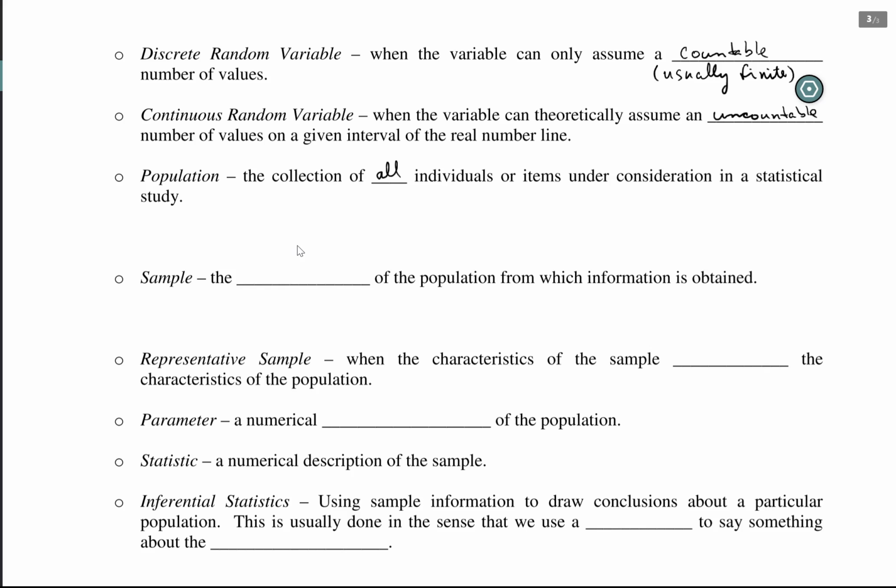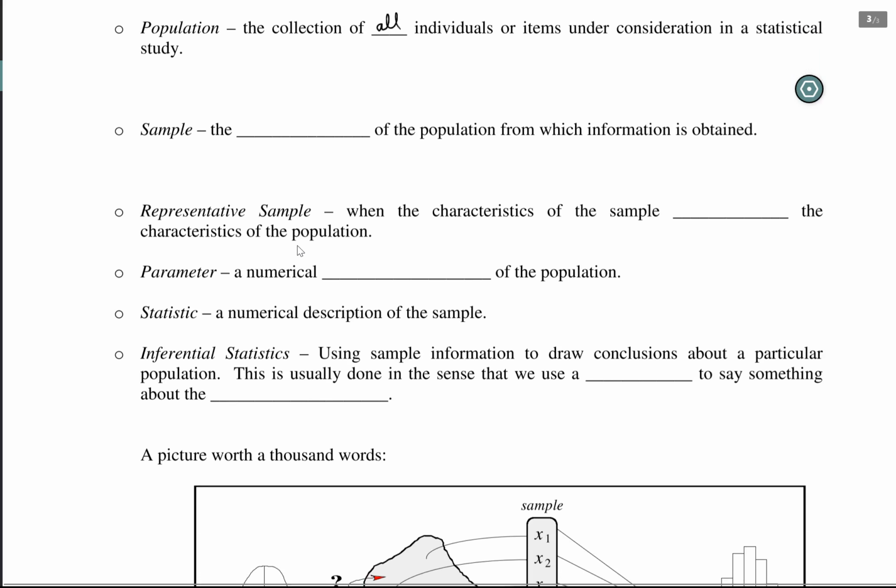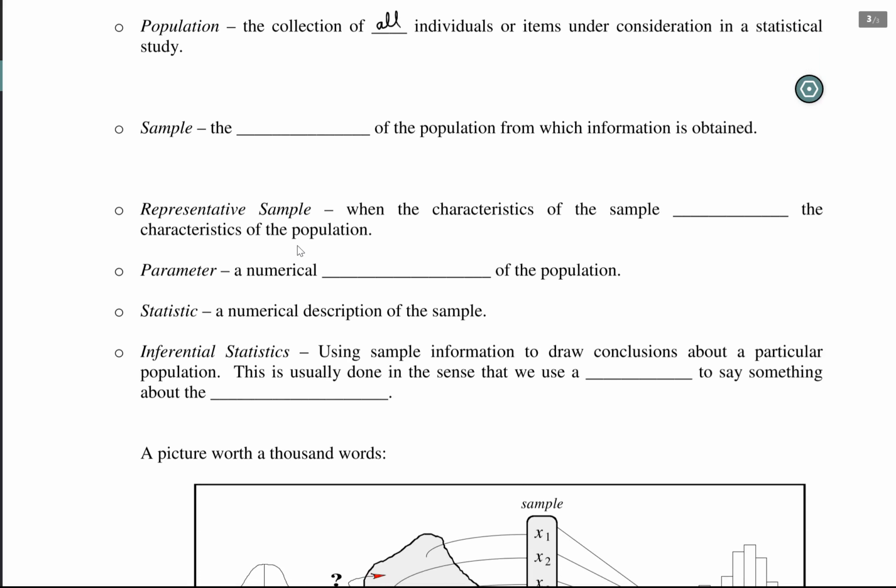Now, typically, the researcher cannot look at the entire population. And so the researcher must take a subset of the population, which is called a sample. So the researcher looks at a subset of the population and wants to use that somehow to say something about the population. But strictly speaking, a sample is a subset of the population.